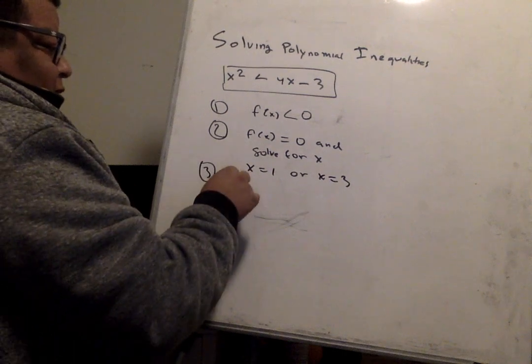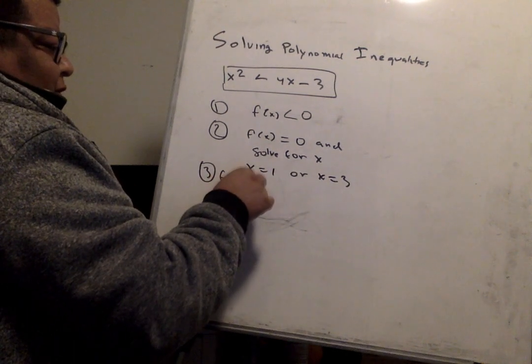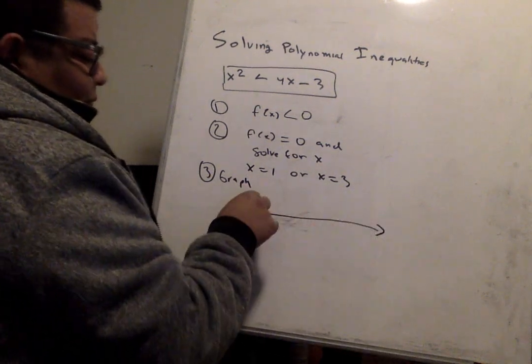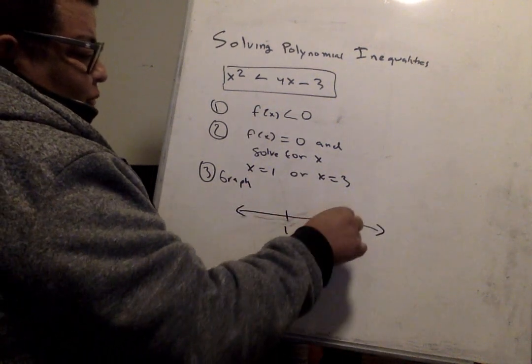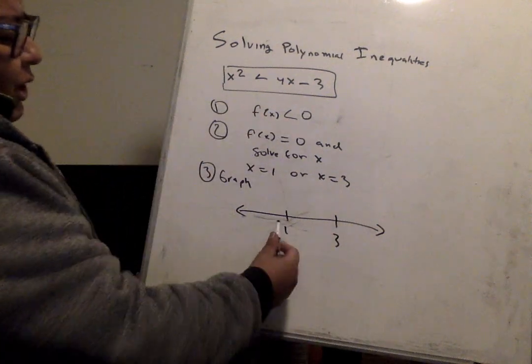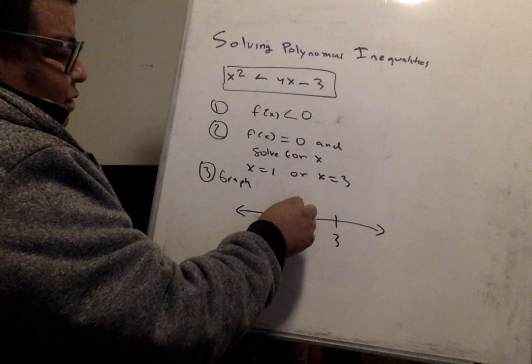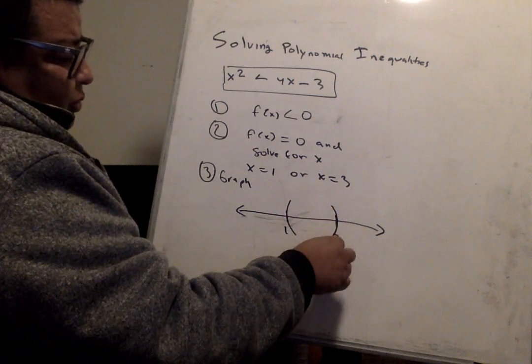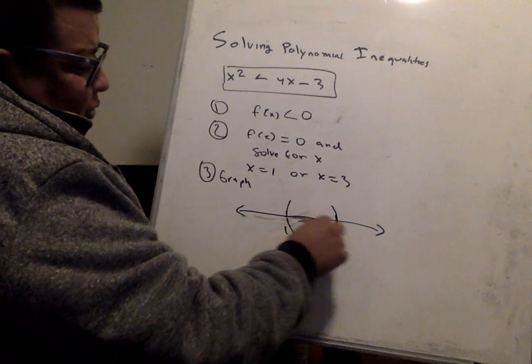The third step is to graph the solution. So we draw the number line and put 1 and 3. In this case, it has to be less than 0, so it cannot be 1 and 3. So the solution is going to be like this, with open parentheses.